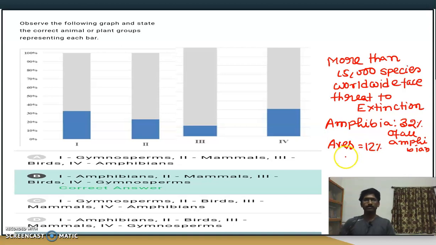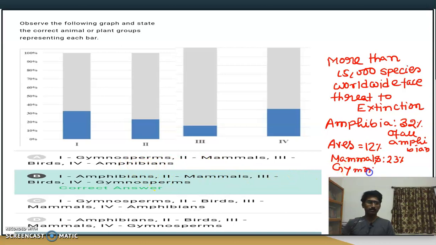For mammals it is 23%, and gymnosperms 31%, because here only gymnosperms, mammals and birds are given.